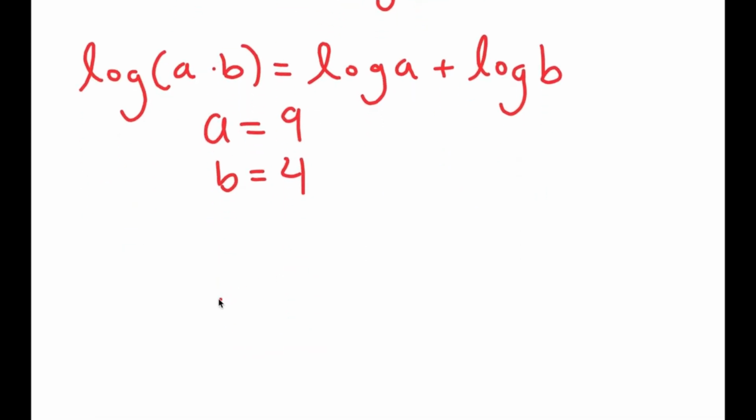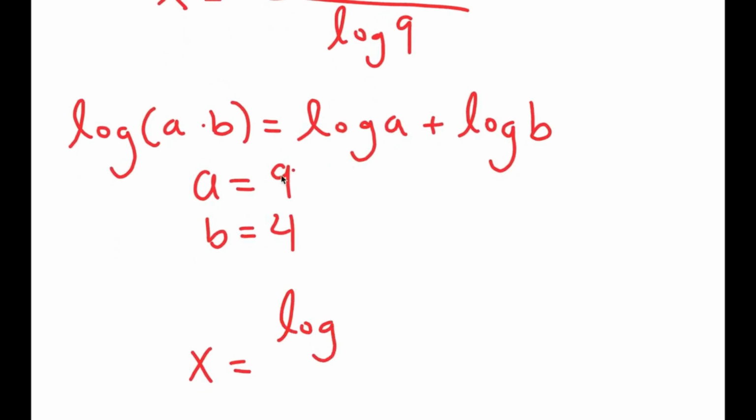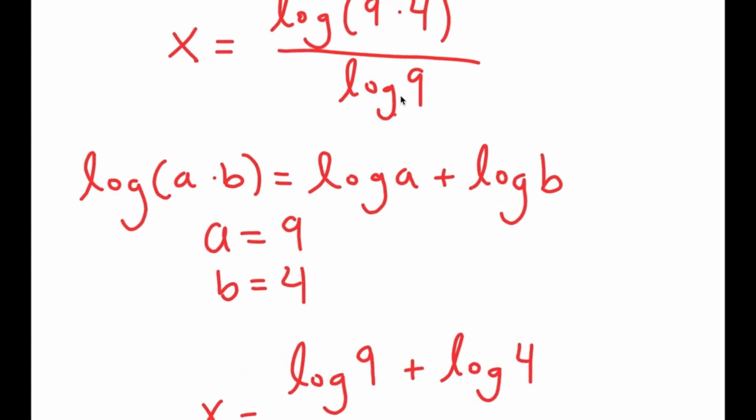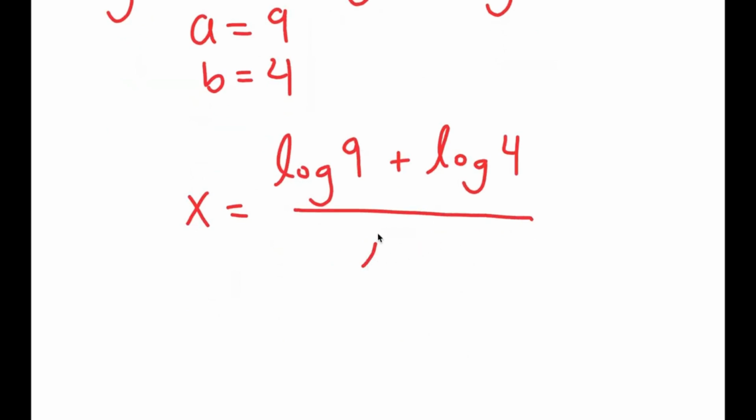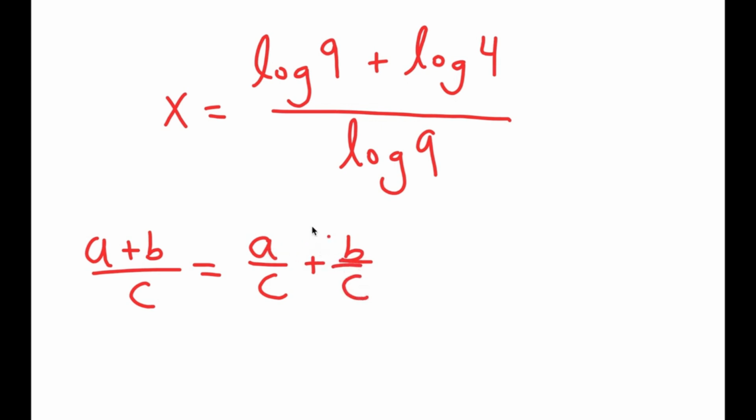So this turns into log of A, which is 9, plus log of B, which is 4. And remember, I still have all of this over log 9. Now, if I have something in the form A plus B over C, this is equal to A over C plus B over C. And this is just using fraction properties.